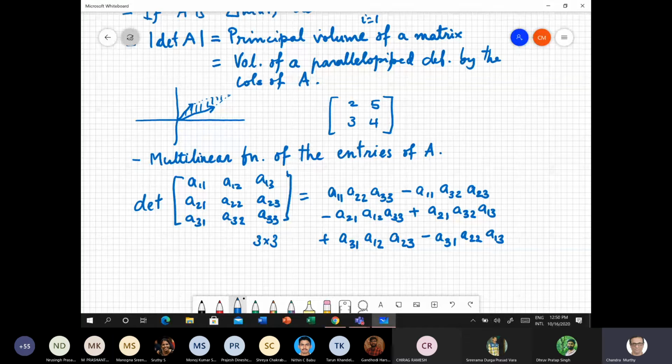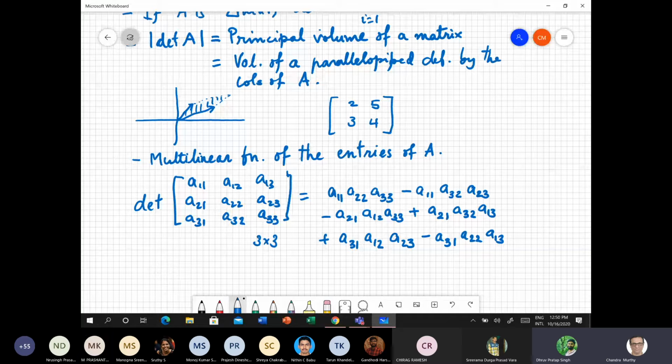So for example, a function like A11, A12, A13, A21, A22, A23, A31, A32, A33 multiplied together is also a multilinear function of A. It's linear in every one of the components. But here you have a sum of multiple such terms. Thank you, sir.